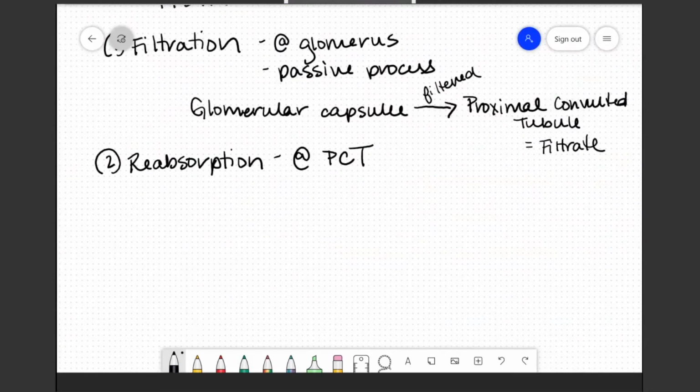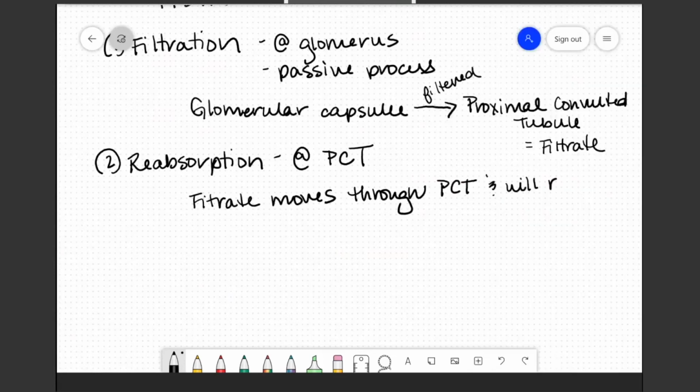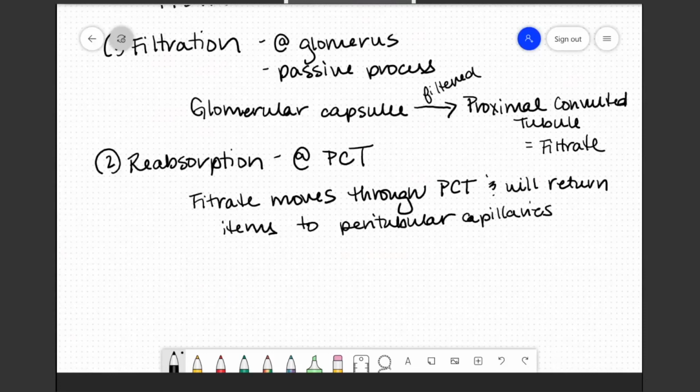And what is happening here is your filtrate moves through the PCT and it will return whatever things it needs to return to the peritubular capillaries. So that's something I haven't actually talked about yet. So your filtrate will move through the PCT and will return items to the peritubular capillaries.